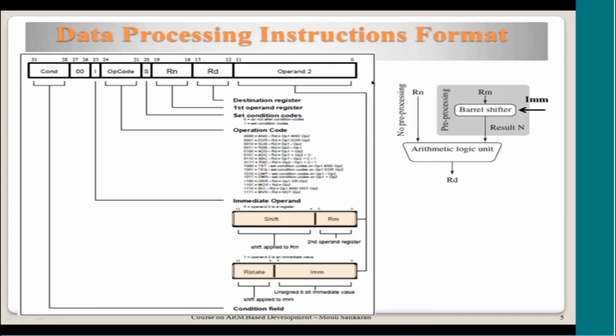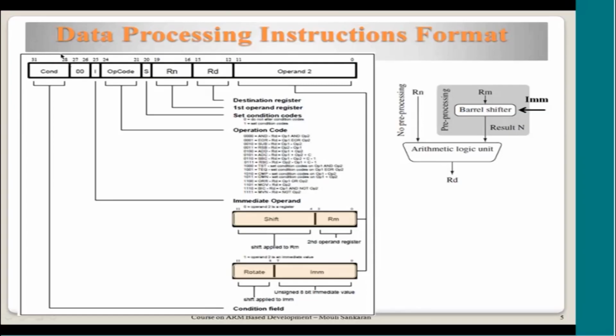For the decode logic to understand the instruction, it should have a standard, unambiguous format, so that the decode logic will be able to understand what is being conveyed in this 32 bits of information, which happens to be one instruction. Now let us go one by one.